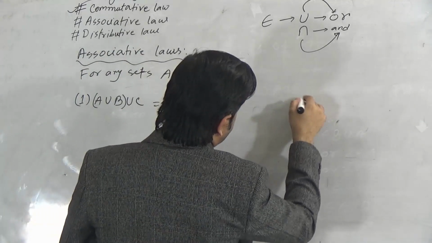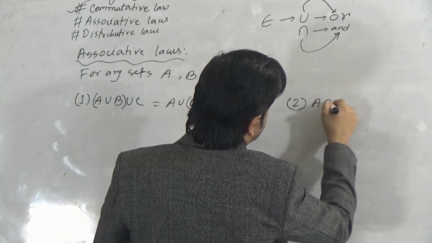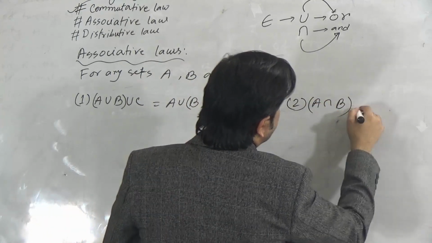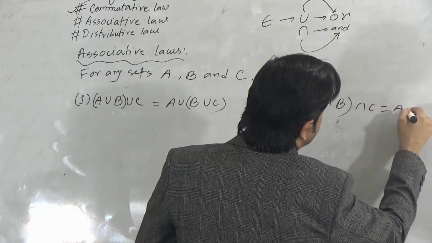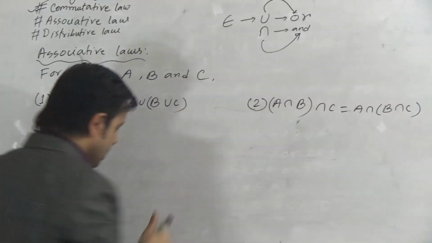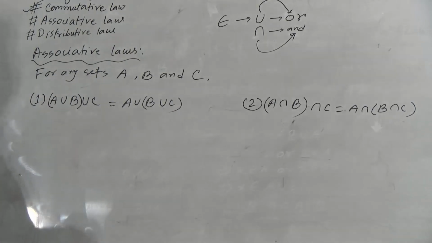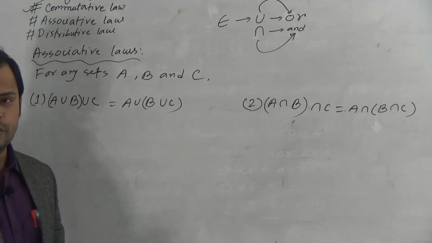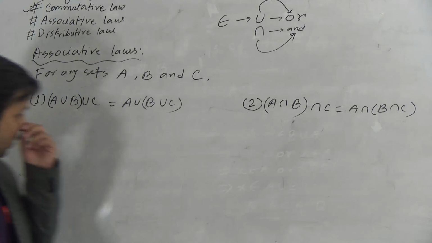And second one, we know (A intersection B) intersection C is equal to A intersection (B intersection C). These two laws are known as associative law.